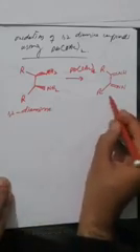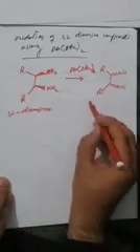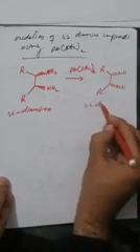1,2-diamino. So these are diamines. 1,2-diamine. And what is this? 1,2-diamine. These compounds are called amines.